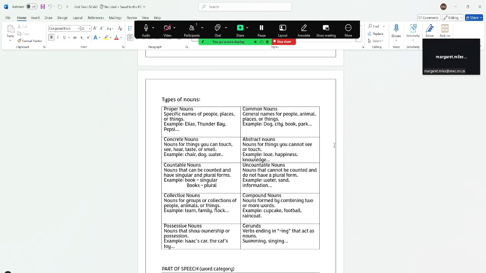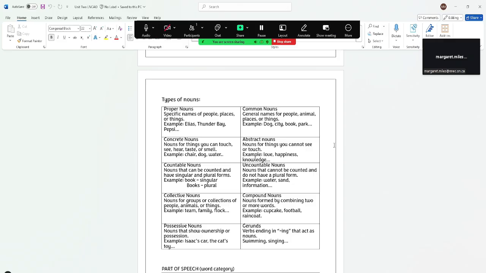For example, Elias, Thunder Bay, Pepsi. Common nouns, general names for people, animal, places, or things. For example, dog, city, book, and park.